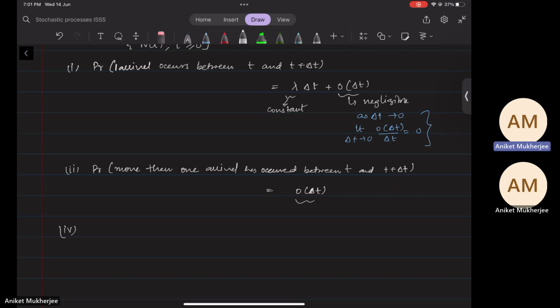And four, number of arrivals in non-overlapping intervals are statistically independent.